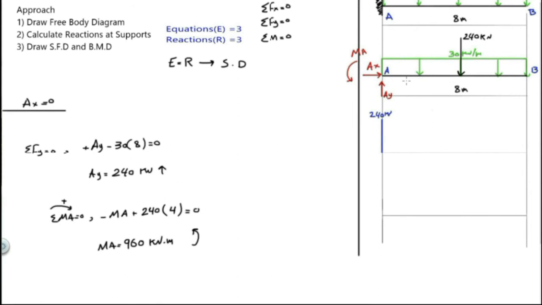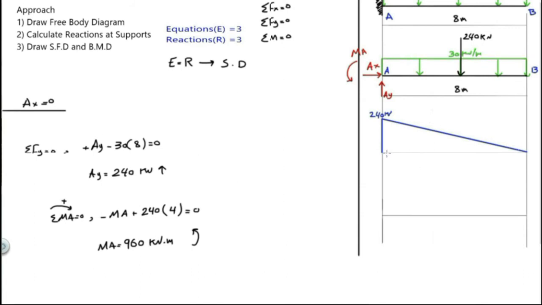Now, since here we have a distributed load, it means we will go the slope downward by 240. How do we know by 240? Because the concentrated load of this distributed load is 240. Here you see the shear force diagram closed at 0, which is correct.